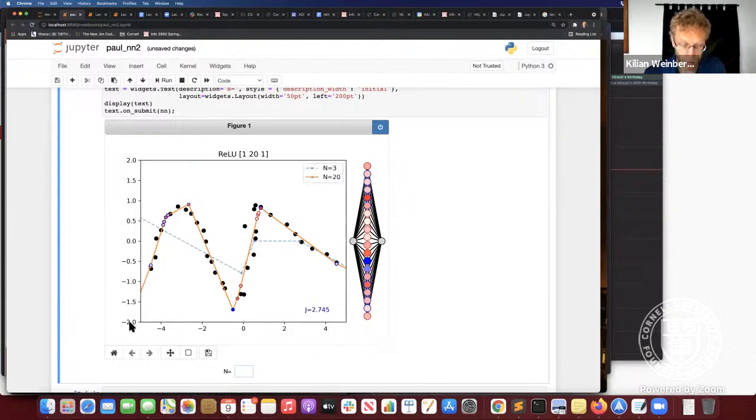One question: with 20 neurons, are you starting to overfit? Ah, very good point. Overfitting is basically, yeah, let's see if you can overfit with 100. You can see it actually generalizes surprisingly well.